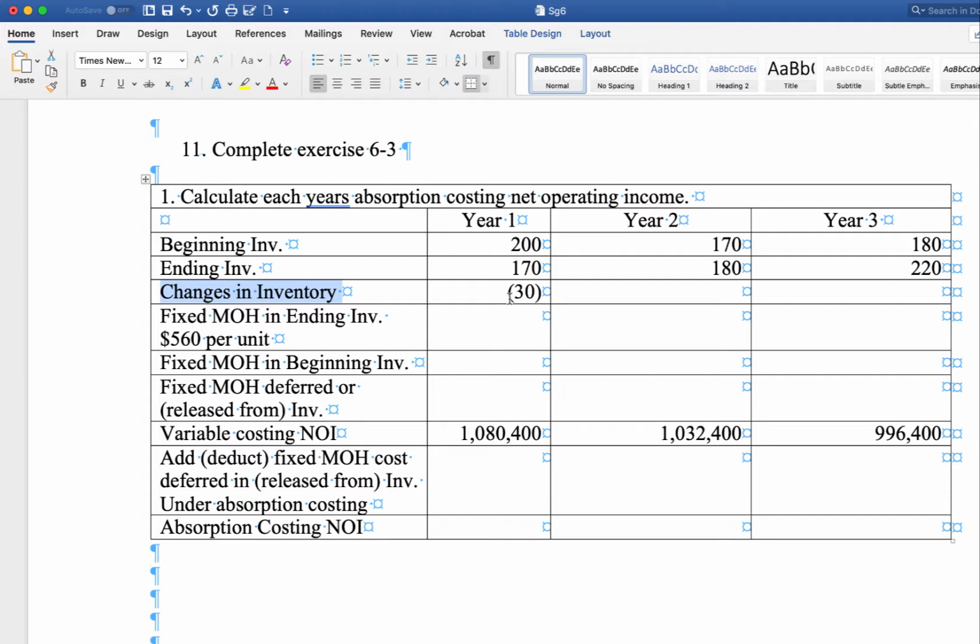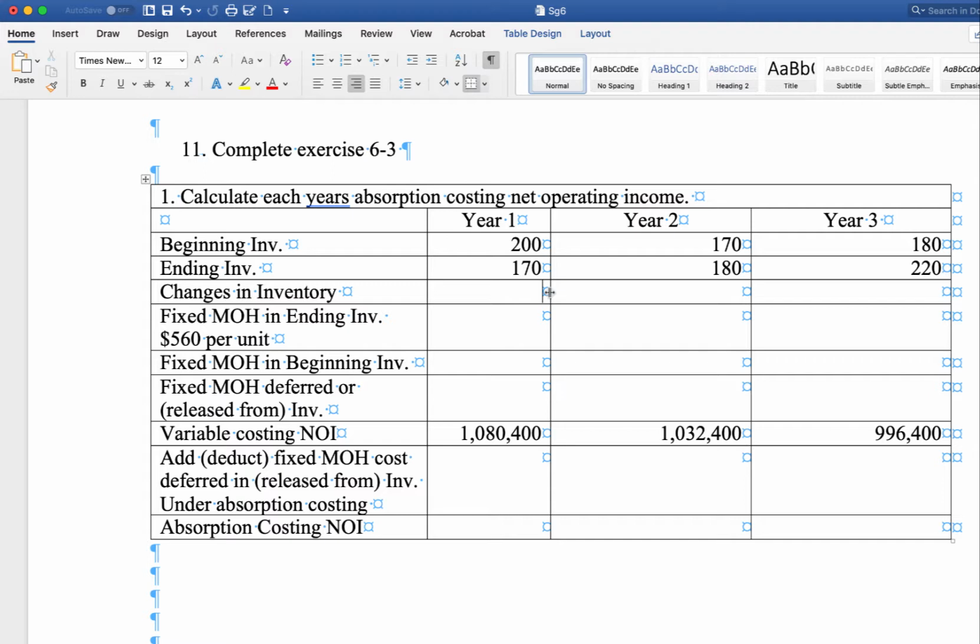Now, as inventories decrease, what happens? Well, as inventories decrease, net operating income under the absorption method is lower than net operating income under the variable perspective. Okay, so we have years 1, 2, and 3. We're going to calculate the changes, right? So let's think about it this way.